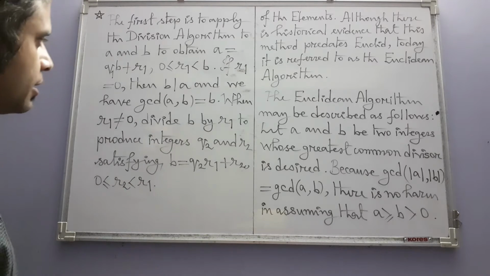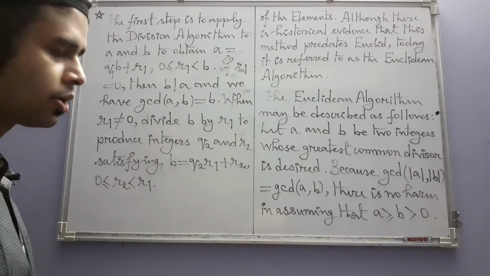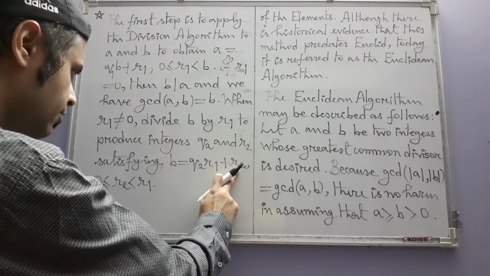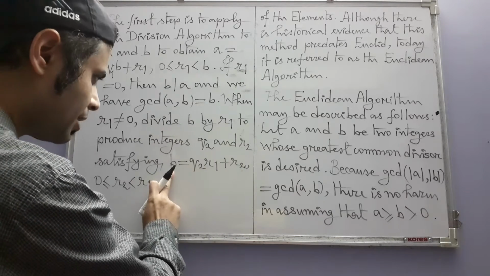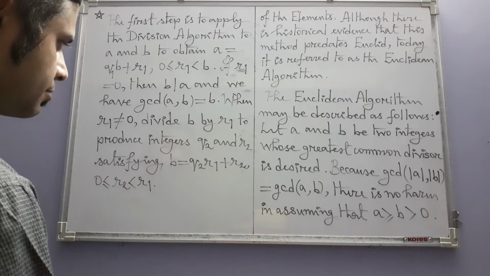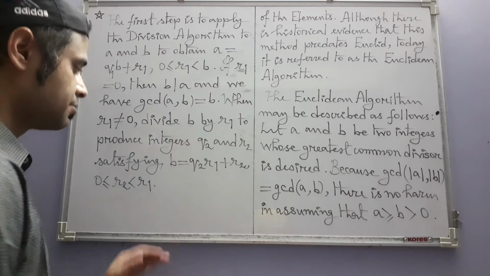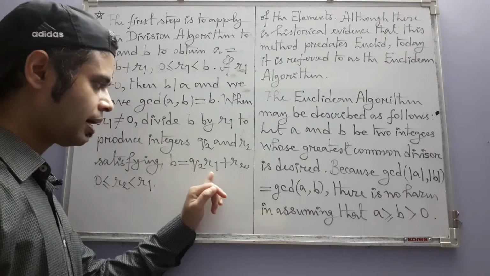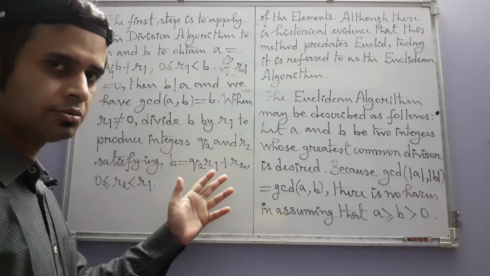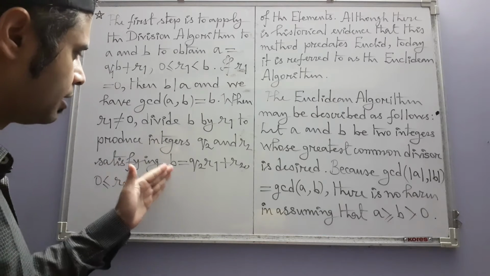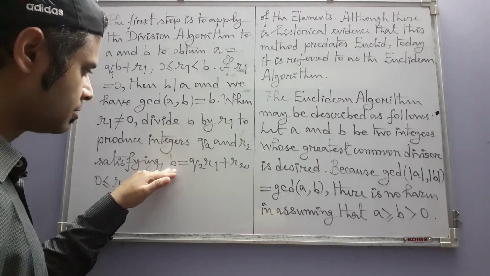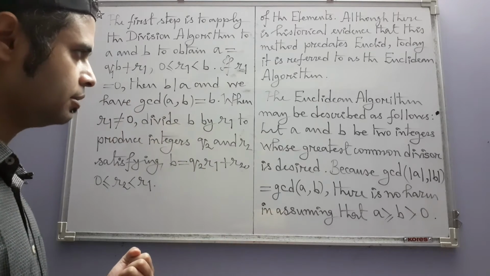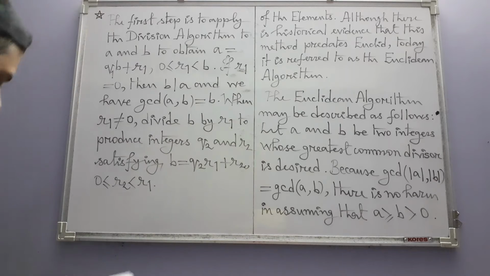Now you can understand how this proceeds. Again, if r2 is 0, then r1 divides B, so the GCD of B and r1 is equal to r1. However, that is the GCD of B and r1. So what is its relationship with this GCD? We are coming to that.